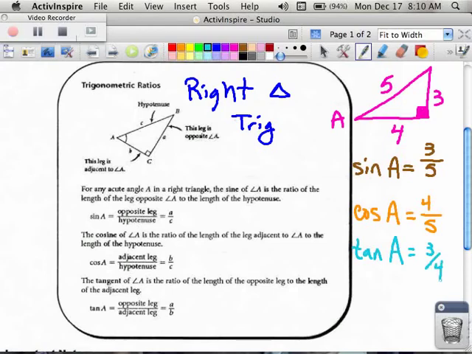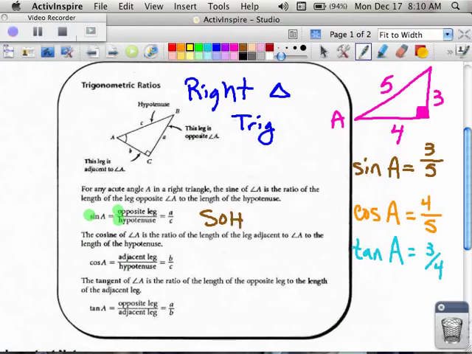Now you may have heard, when you first were talking about trigonometry, a certain mnemonic tool, which is a sound tool, to help you remember which one's which, like opposite, adjacent, what. So sine starts with the letter S, and it's the opposite over the hypotenuse, which you may have seen as SOH.